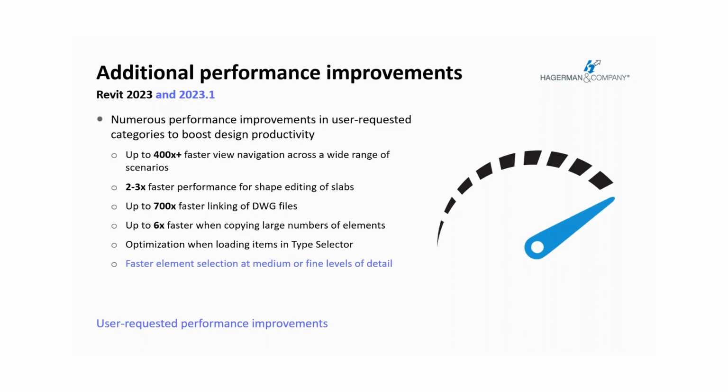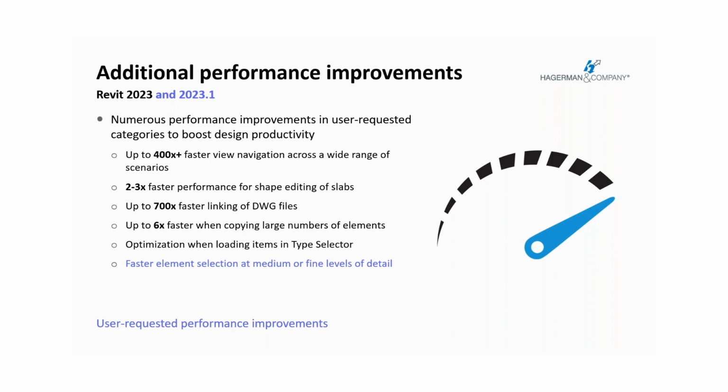So cable trays for medium and fine detail levels, conduits for fine detail, structural fabric reinforcement only for fine detail level in 3D view, contours for medium and fine, duct installations for medium and fine detail, duct linings also medium and fine, flex duct for medium and fine and 3D views, pipes at fine detail level, pipe insulations at fine, structural rebar for fine detail level in 3D view.